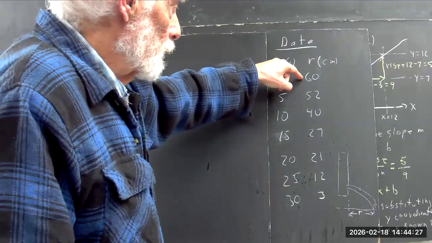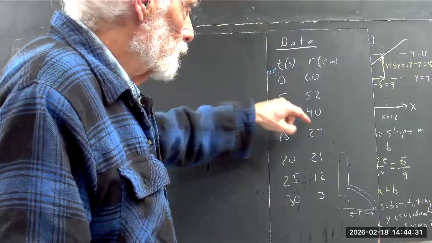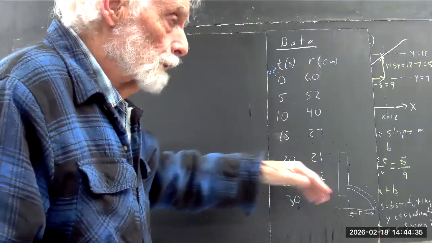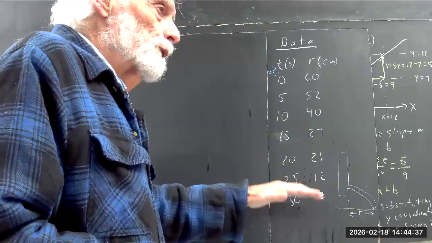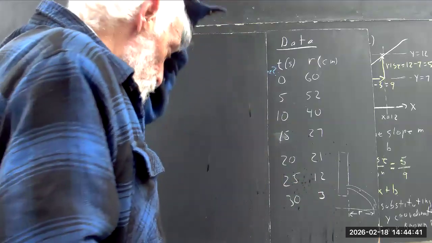So t equals 0, r is 60, t equals 5, r is 52, t equals 10, r is 40, meaning after 10 seconds, the stream is going 40 centimeters before it disappears down below the edge of the container. Okay, and so forth.